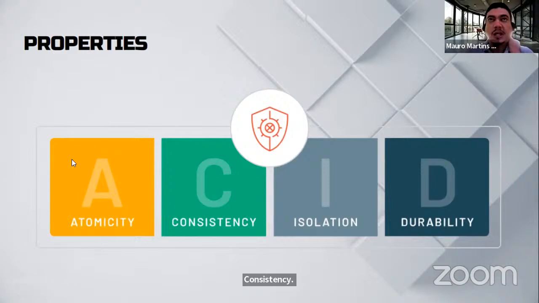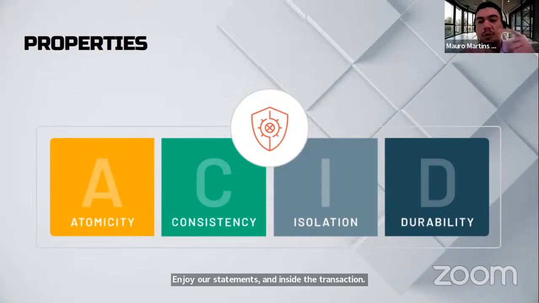Atomicity is a property that a transaction executes entirely. All statements inside the transaction must be executed. If one statement fails, the whole transaction fails. Okay.